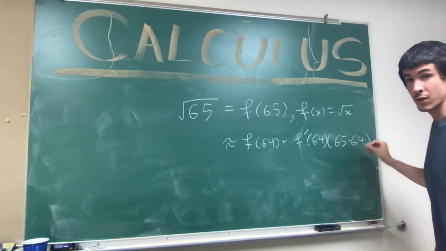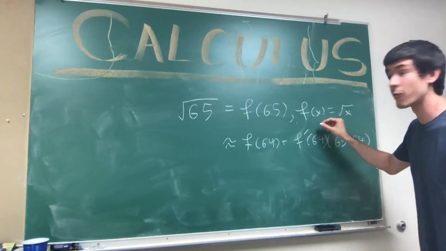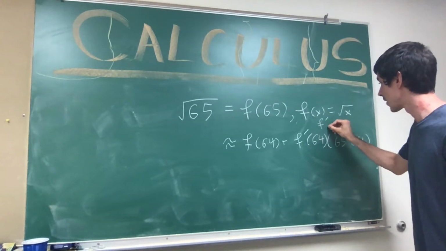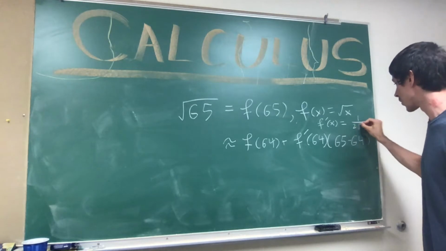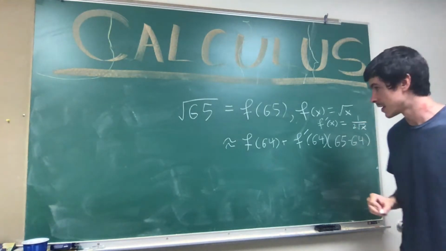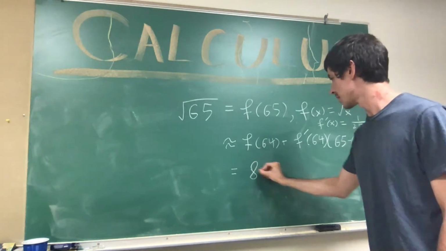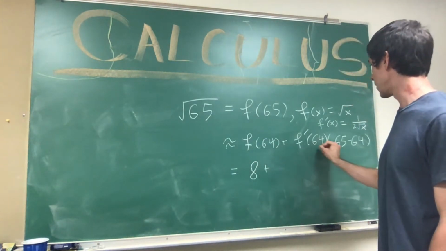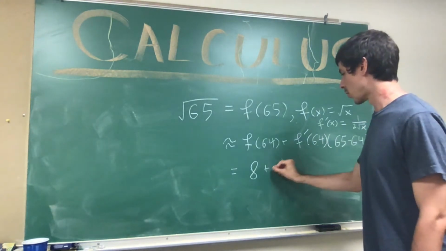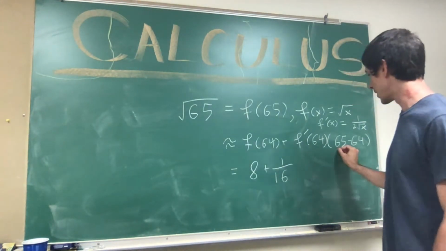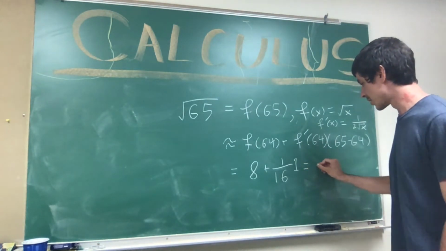And we know from the test, I think it was problem 4, that f prime of x equals 1 over twice the square root of x. So the square root of 64 is 8, and f prime of 64 is 1 over twice the square root of 64, so 1/16, and then 65 minus 64 is just 1.